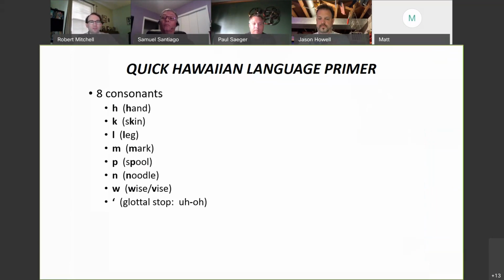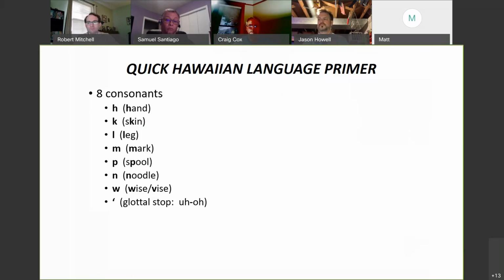And also some examples of exactly how they're pronounced in Hawaiian. H, as in hand, it's pretty much the same way we pronounce it. K is kind of like the quick little K in skin. L is in leg. M is in mark. P is in spool. Again, kind of like a quick little P sound.